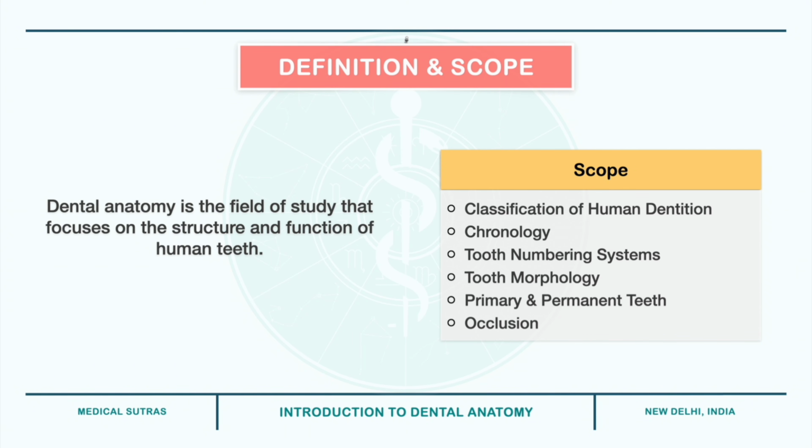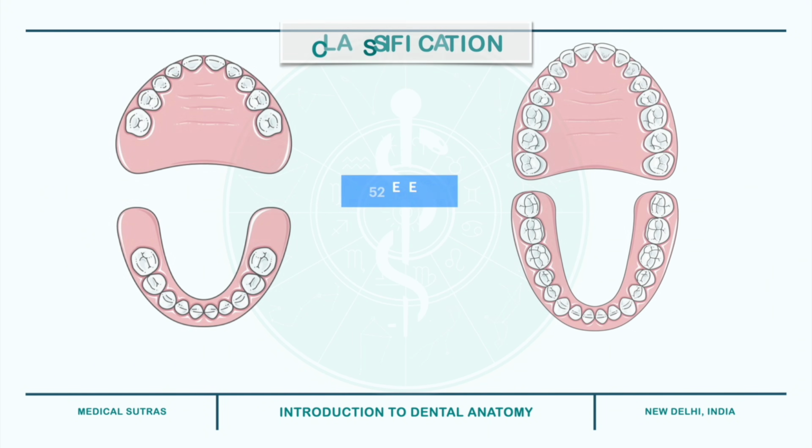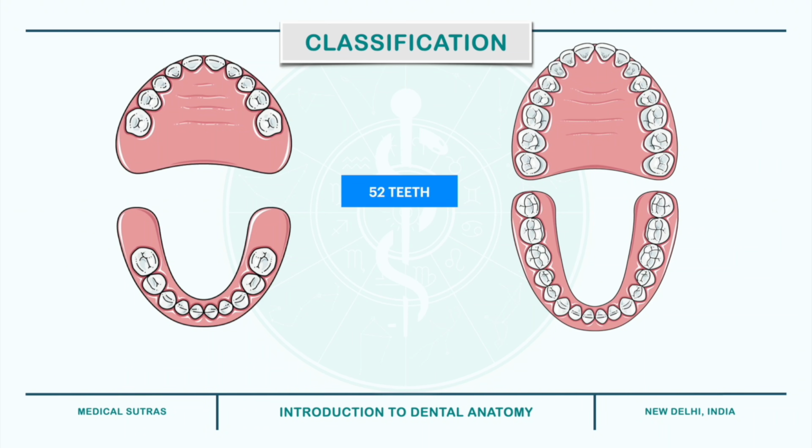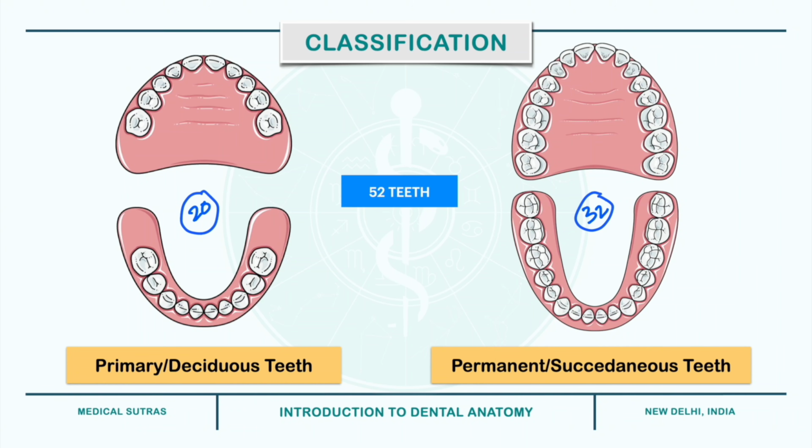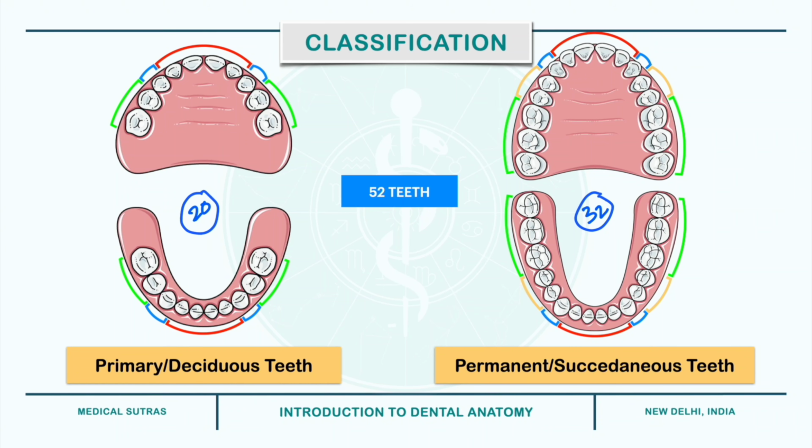Normally, humans have a total of 52 teeth during their entire life, of which 20 are classified as primary or deciduous teeth and 32 are classified as permanent or succedaneous teeth. These can further be divided into different types based on their function.